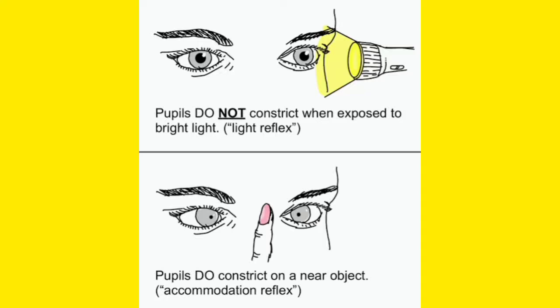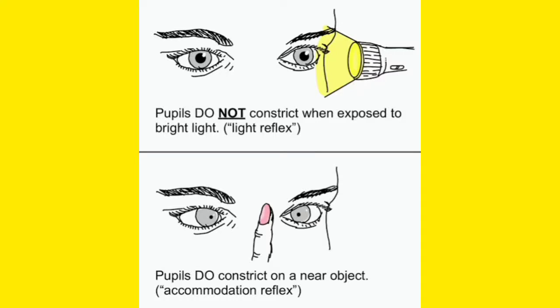In the second picture, on the below picture, the pupils do constrict on near objects. So whenever a finger is close to the eye and you ask the patient to look at the close object, your finger, then you can see the pupil has constricted. It has become smaller.